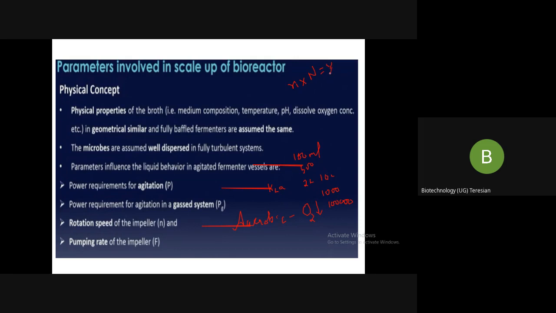We cannot say that. We cannot just multiply and find out that this might be suitable for large scale. Usually we do cross multiplying: if this is so much, how much is for this much? We just cross multiply. That cannot be done for the large scale.